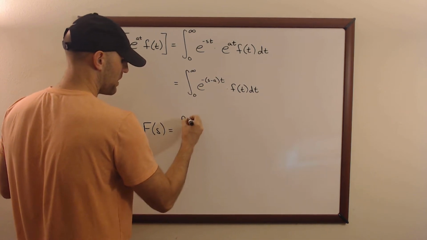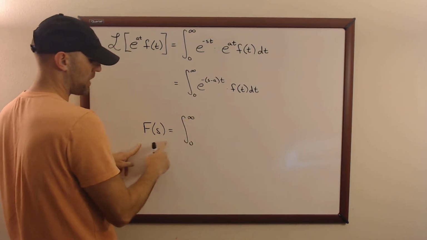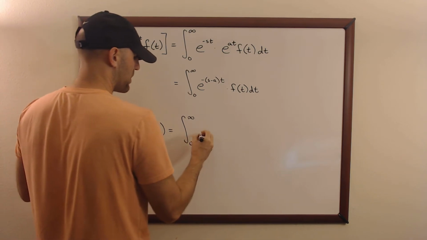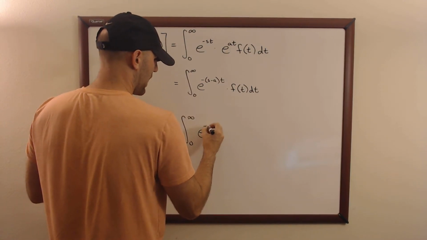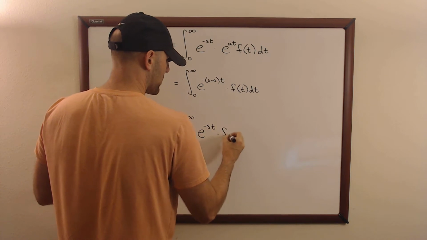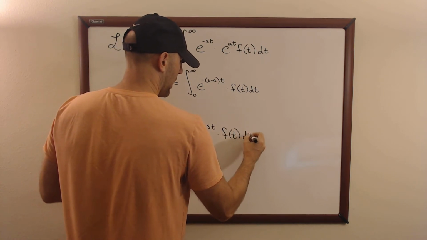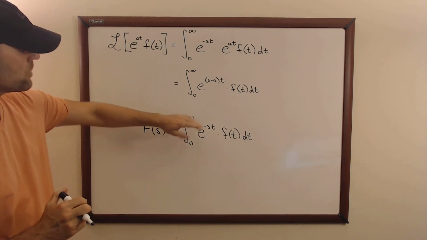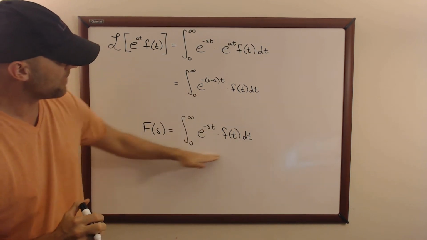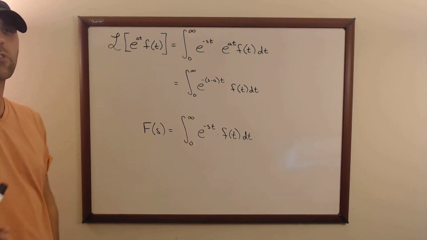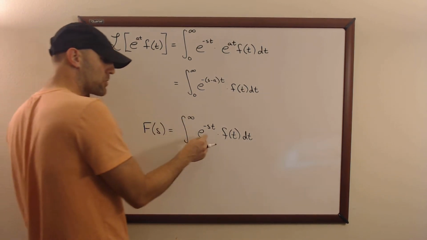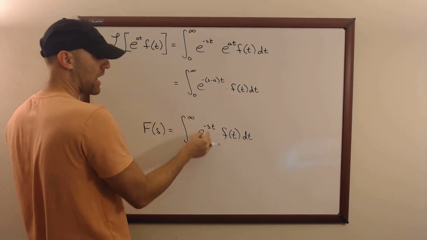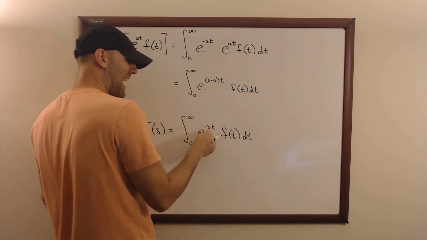By definition, F of s, the Laplace transform of f, is the integral from 0 to infinity of e to the negative st times f of t dt. And what we notice is that the distinction between this formula and this one is that I've just made a substitution. The only distinction is that I've substituted s minus a for s.